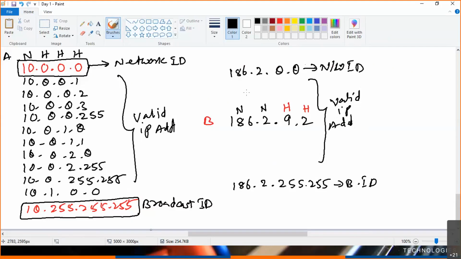Class B. 65,534. Perfect. Actually 65,536, but we do minus 2, giving 65,534. So why minus 2? Network ID and broadcast ID.